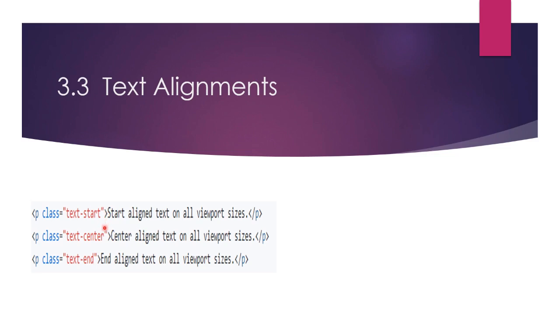You have text center, meaning you want to centralize the text. You have text end, meaning you want to push the text towards the end. So this is how they are going to appear. This text start is going to appear like this. You align your text at the start of, let's say, a web page. Text center, you want to centralize the text, and text end if you want to push the text towards the end.